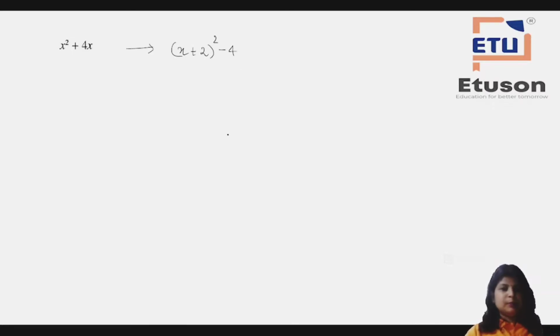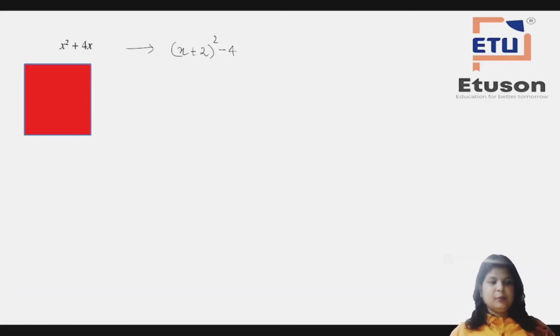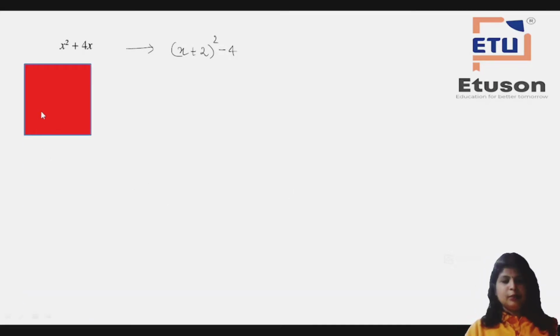This we will show with pictures. First I will take one square, the side of which is given by x. So this represents x and x, so this represents your x square. The first term we have now represented. Plus 4 into x, that means the side is x and you can take it lengthwise or breadthwise.